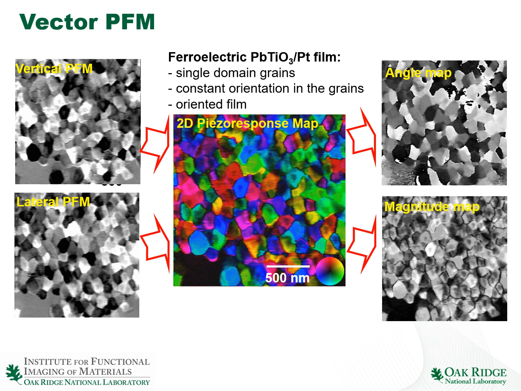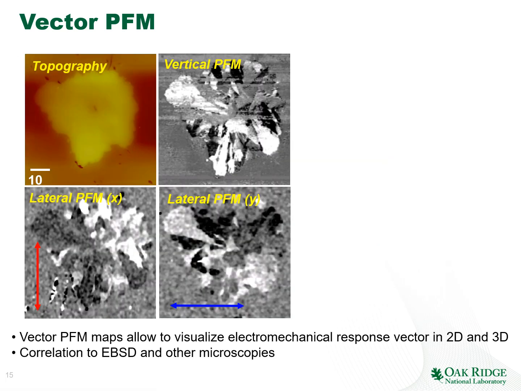So black means that there is no PFM signal, and green means that the response signal is going in this direction, and for example purple means that it goes in this direction. And then we can separate this map further in the angular and magnitude.